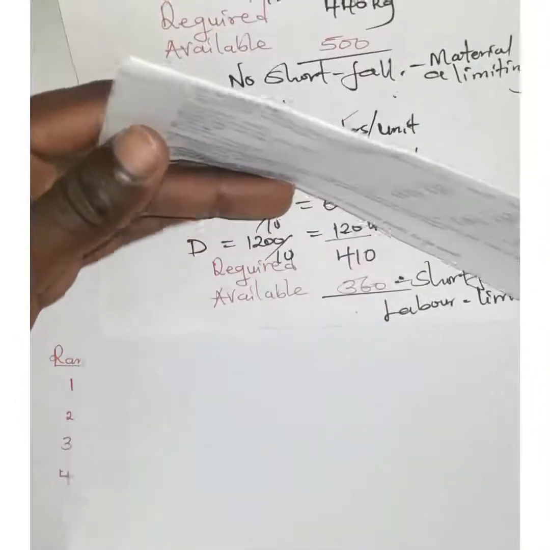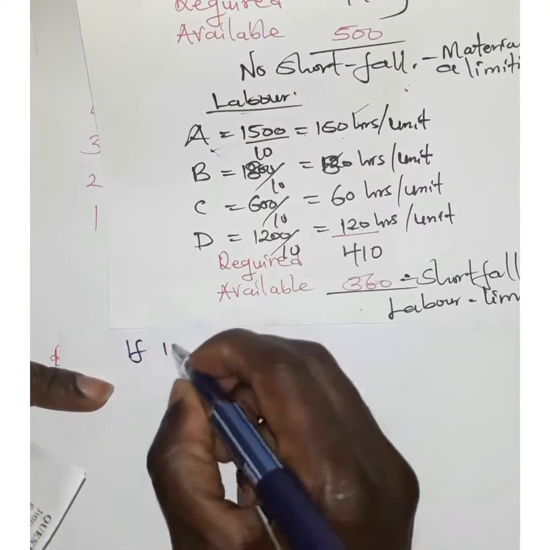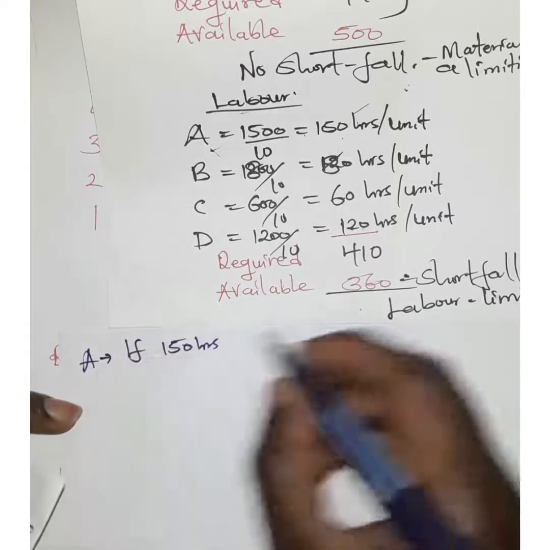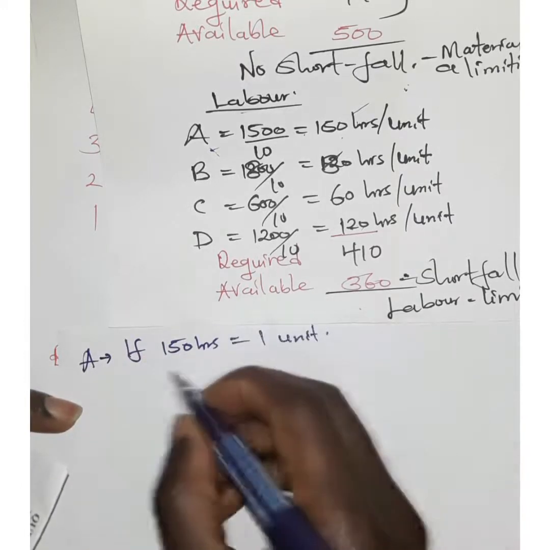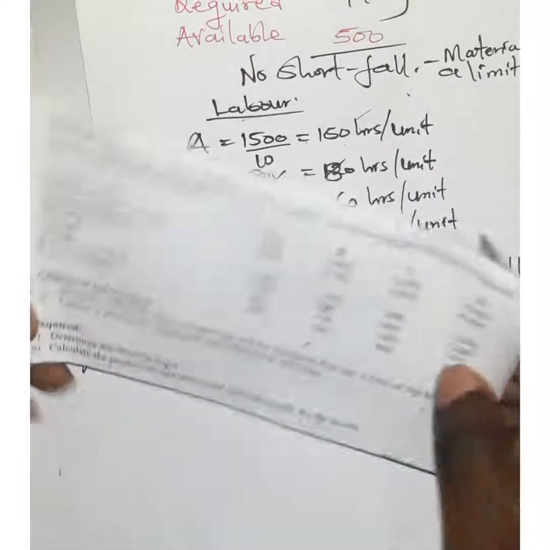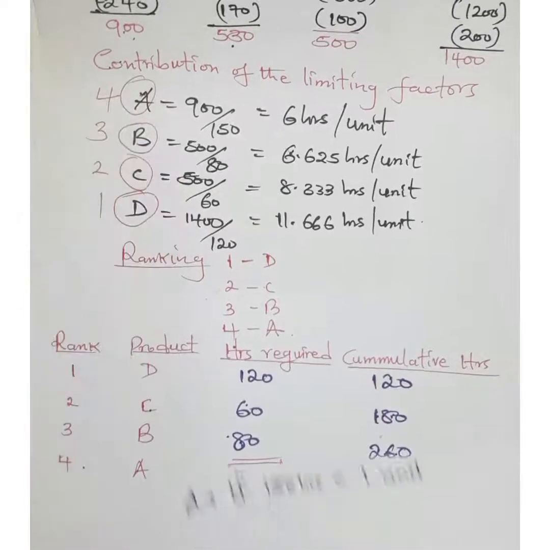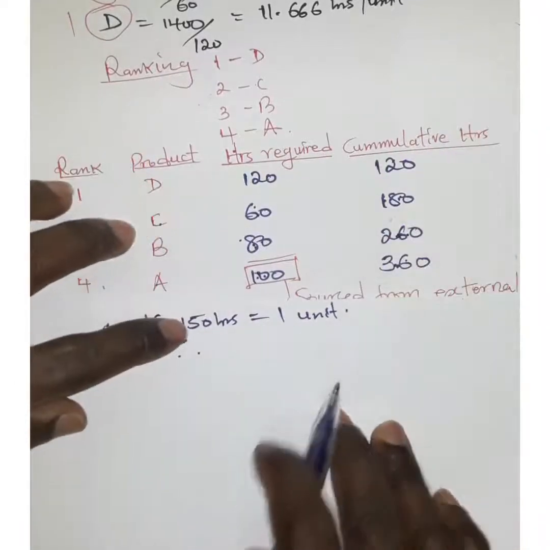So if 150 hours is equivalent to 1 unit, what about the 100 that we have actually determined, reason being it should not exceed 360?